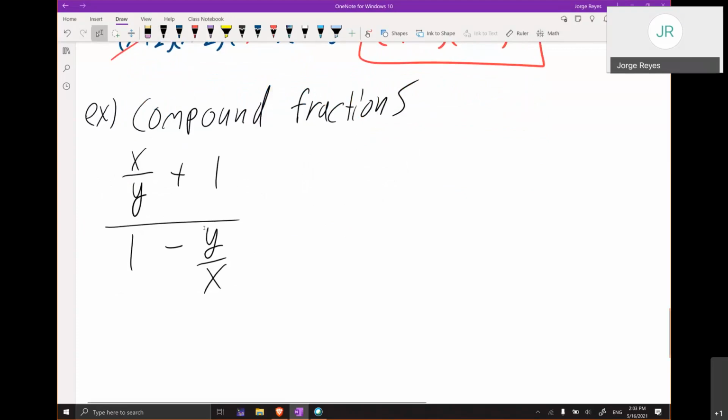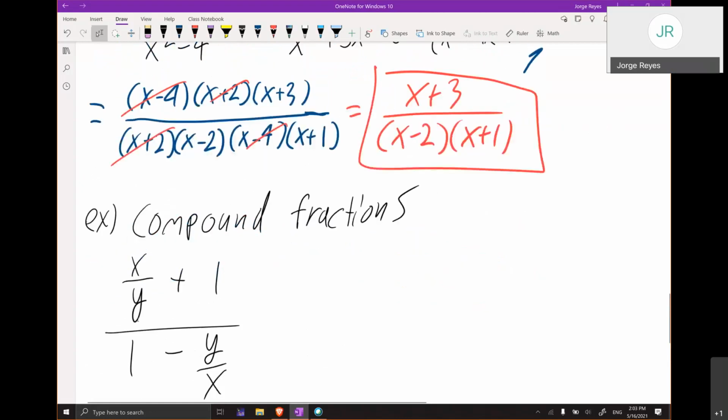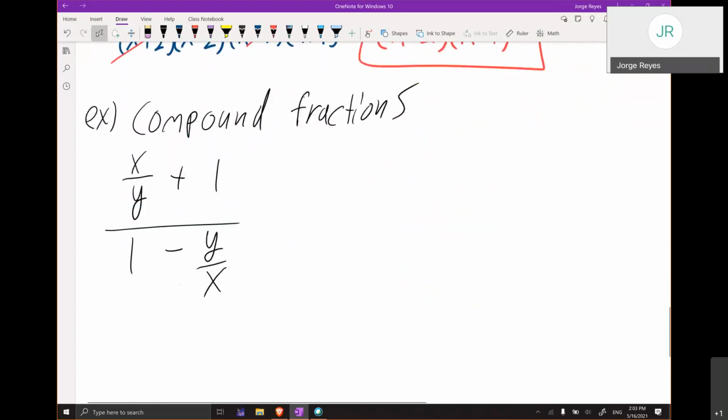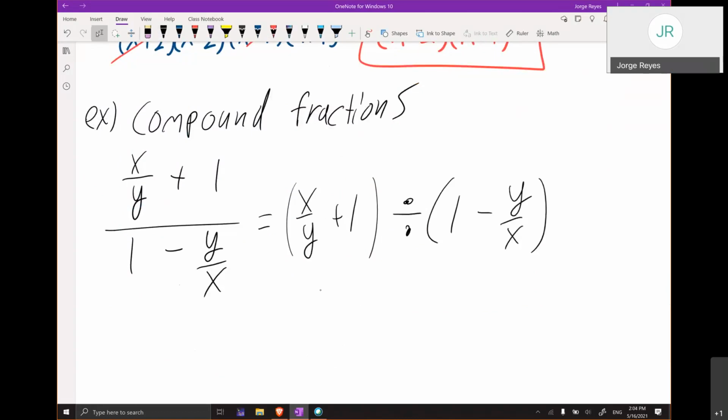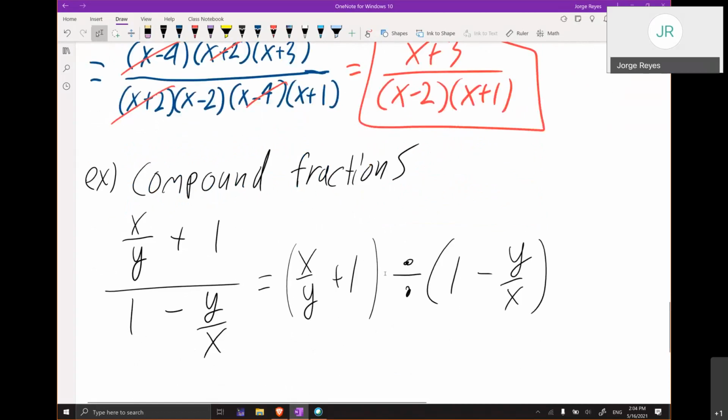So if I wanted to make this look like the previous example, I would just do x minus y plus 1 divided by, because the big fraction bar will become the division symbol, 1 minus x plus 1. But we see that there's kind of a problem here, because the 1 and the plus and minus make it hard to flip.